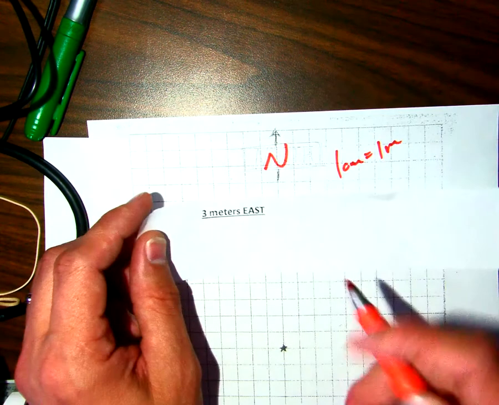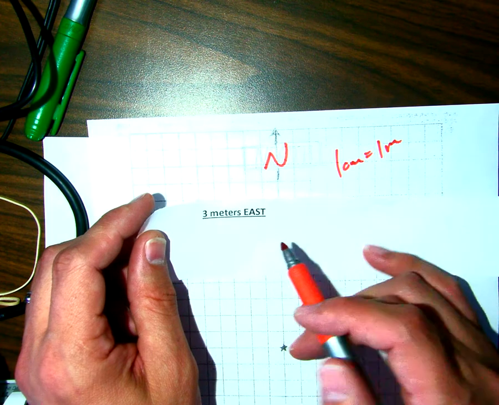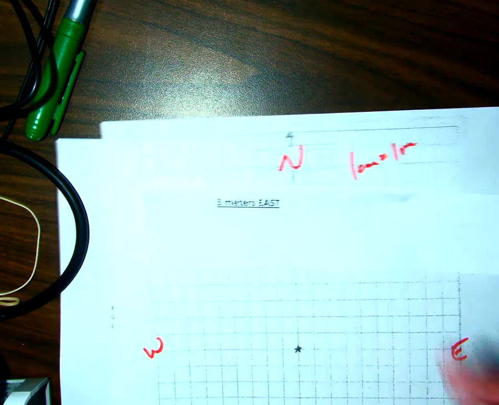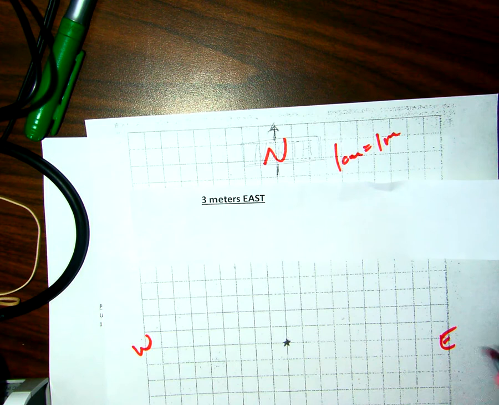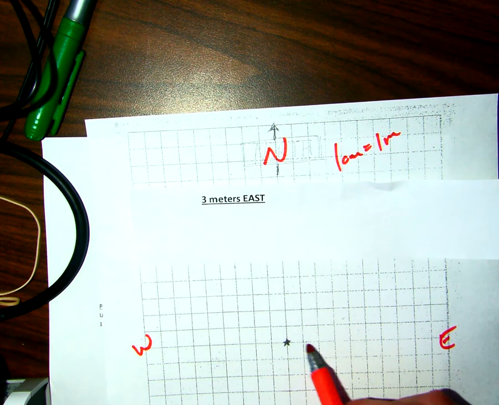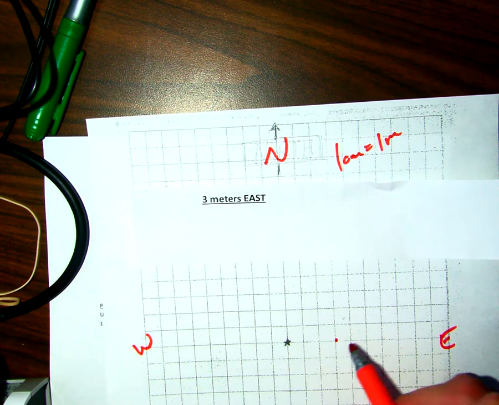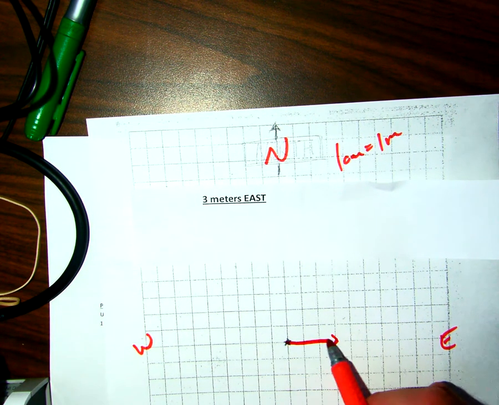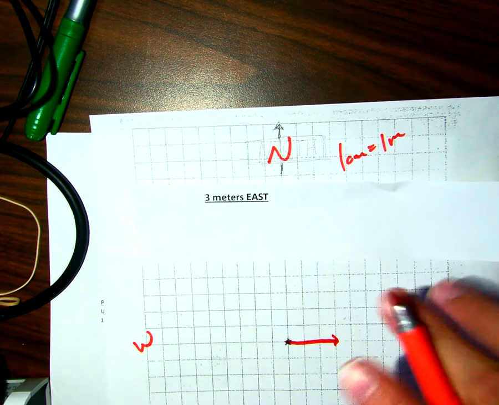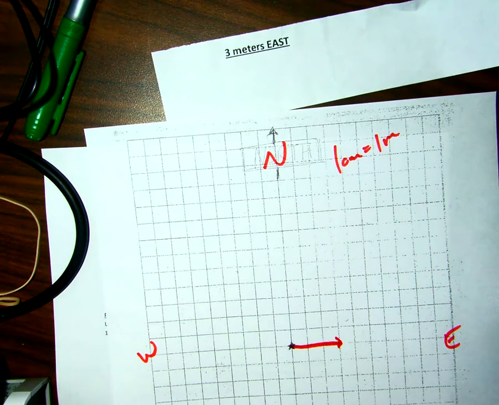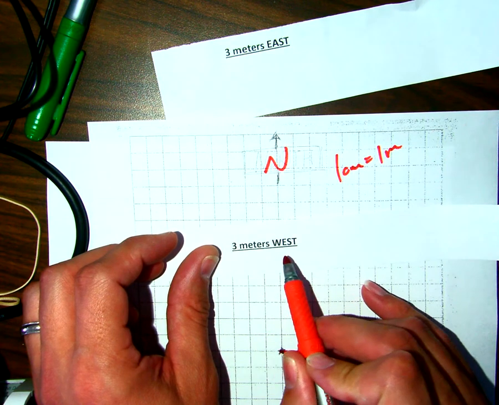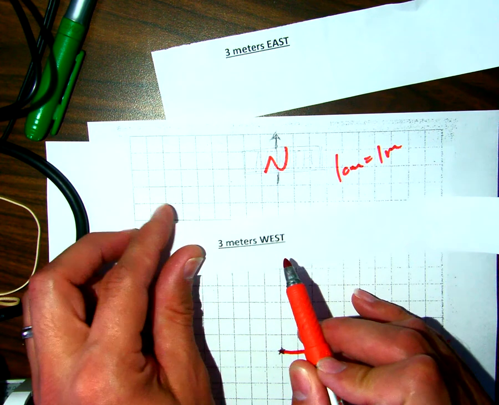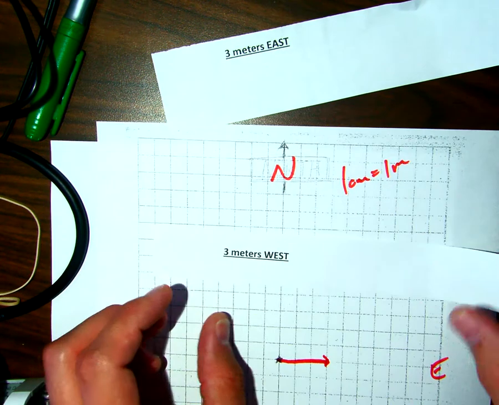The first one that I have is 3 meters east. So I want to make sure that I'm going east, which is to my right. I'm going to count 1, 2, 3, and that's where my first arrow goes. I pick another vector: 3 meters west.